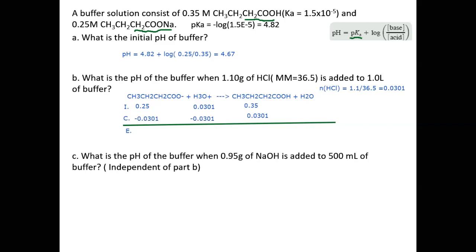So the concentration of weak acid goes up, the concentration of weak base goes down. So at equilibrium, at 0.22, 0.